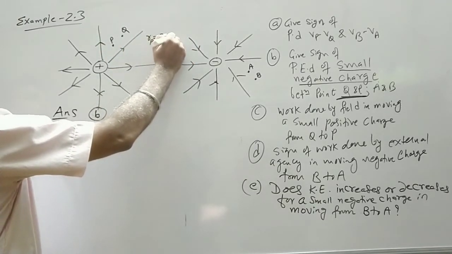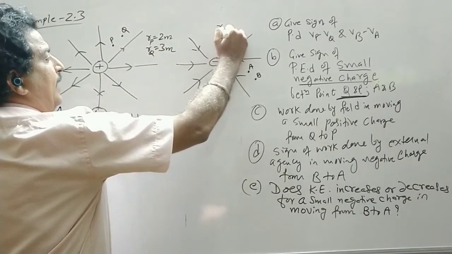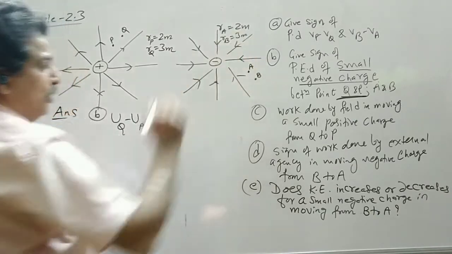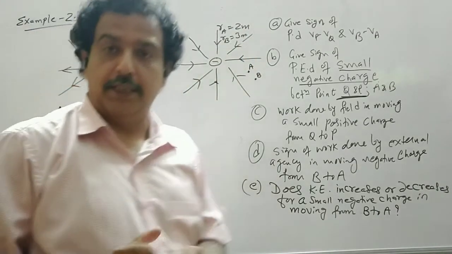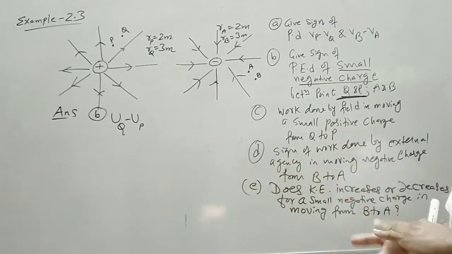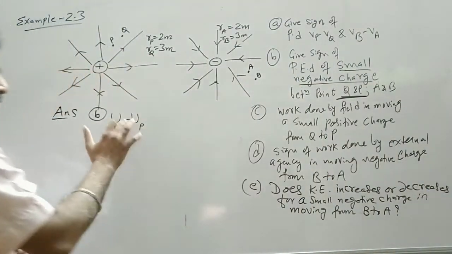RP is equal to 2 meter, RQ is equal to 3 meter, RA is equal to 2 meter, RB is equal to 3 meter, so that there is no confusion. Otherwise, we can easily find out the potential difference and the potential energy difference.